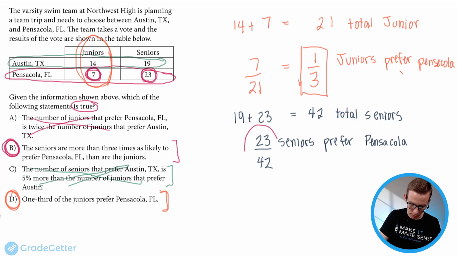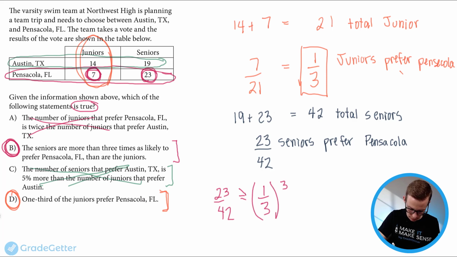So what I should have done is compared these values and see, okay, is 23 out of 42 3 times greater than 1 over 3? In other words, is 23 over 42 greater than or equal to 1/3 times 3? So let me put a greater than or equal to sign here. I'm going to put a question mark above. So 23 over 42 doesn't really reduce.